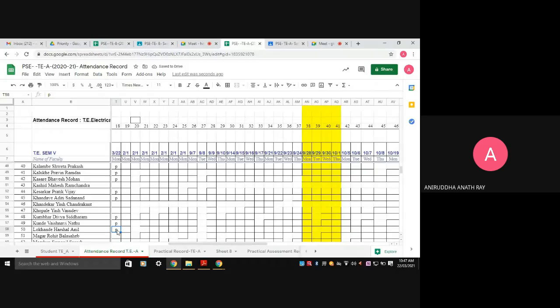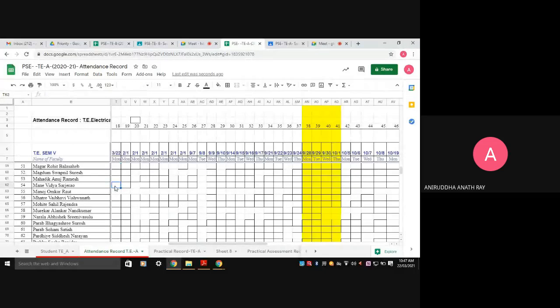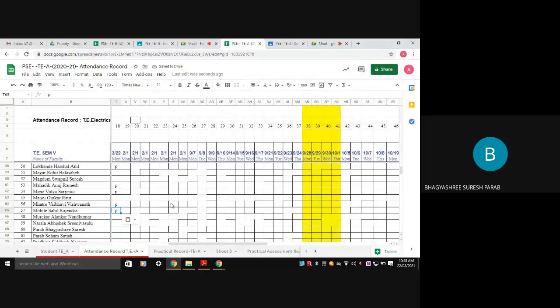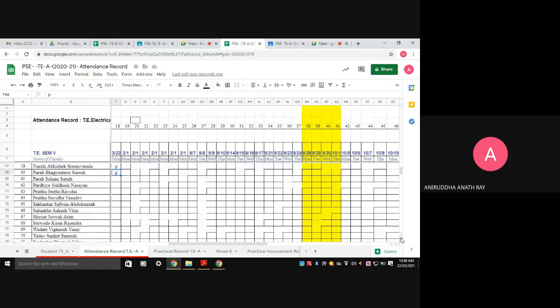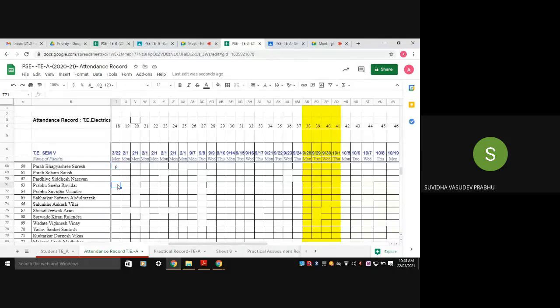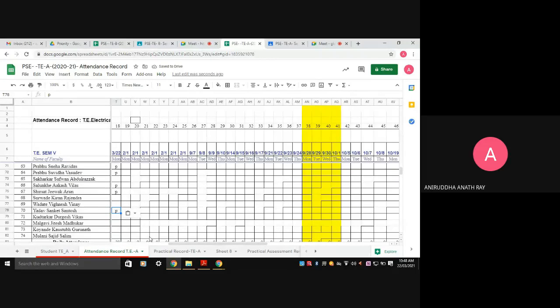Next 51 to 60: 56, 54, 53, 59, 57, 60. 61 to 70: 63, 64, 67, 70, 66. 71 to 74: 71, 73.